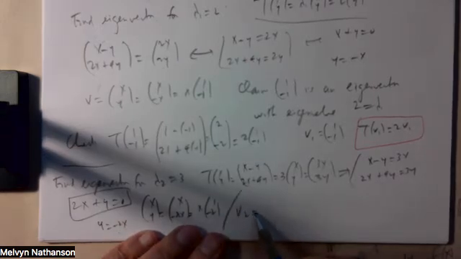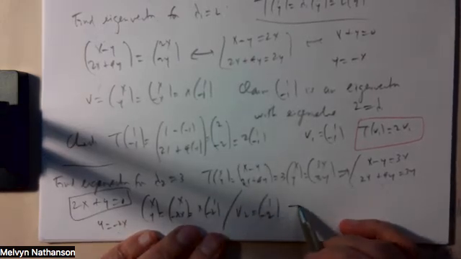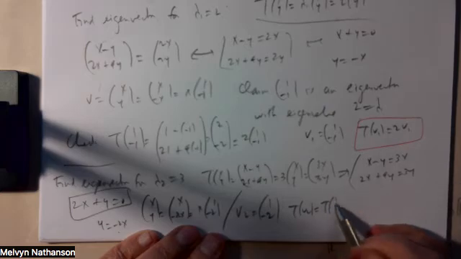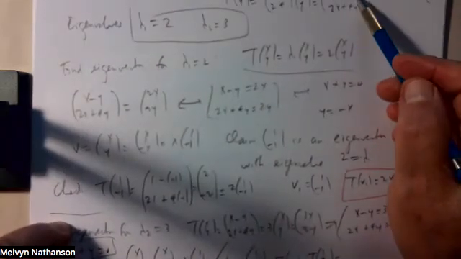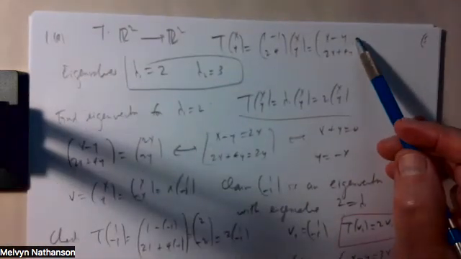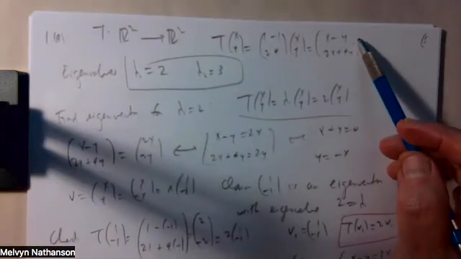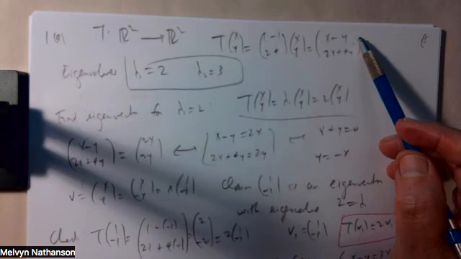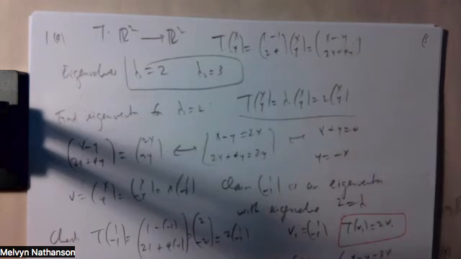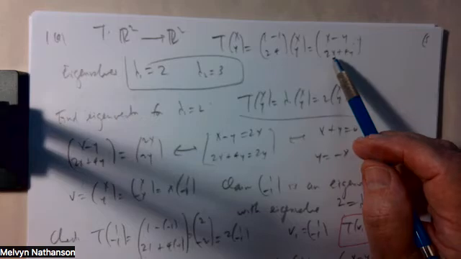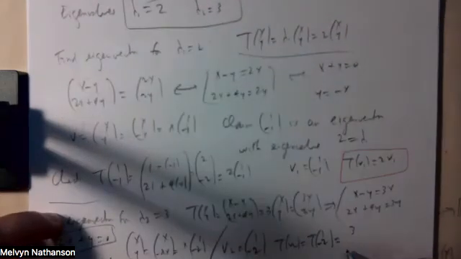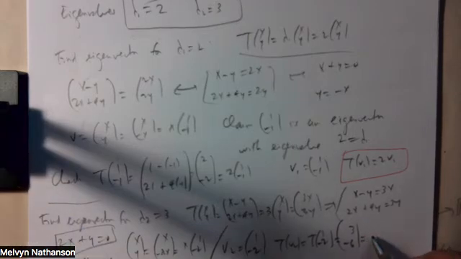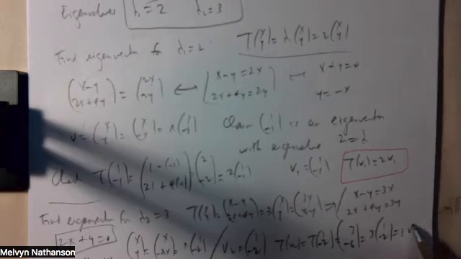So if I let the vector v2 be equal to 1 minus 2, what is T of 1 minus 2? If I put 1 minus 2 into my definition of my operator T, 1 minus minus 2 is 3. This is 2 minus 8 is minus 6. I get 3 minus 6, which is exactly 3 times 1 minus 2, or 3 times my vector v2.